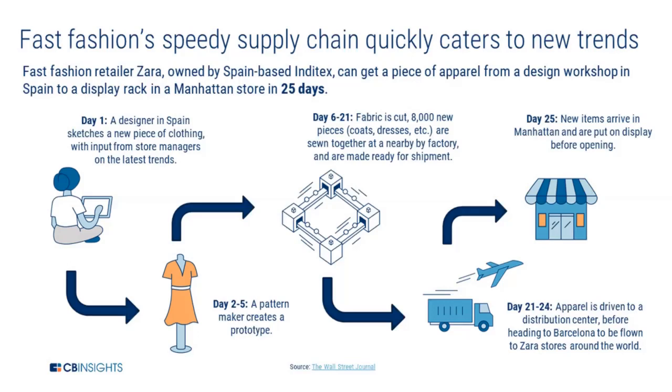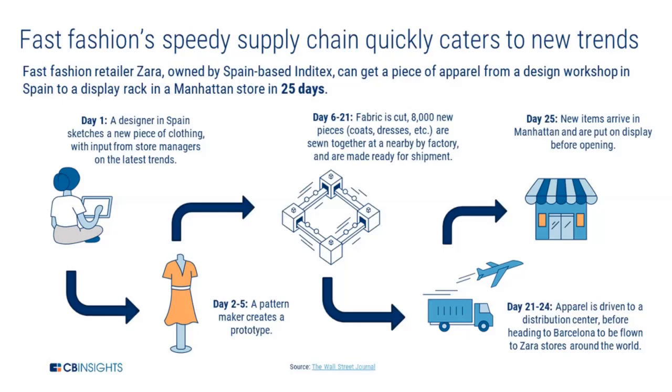For example, on day one, a designer in Spain sketches a new piece of clothing with input from a store manager on the latest trend. Then on days 2 to 5, a pattern maker creates a prototype. On days 6 to 21, fabric is cut. 8,000 new pieces, coats, dresses, etc. are sewn together at a nearby factory and made ready for shipment.